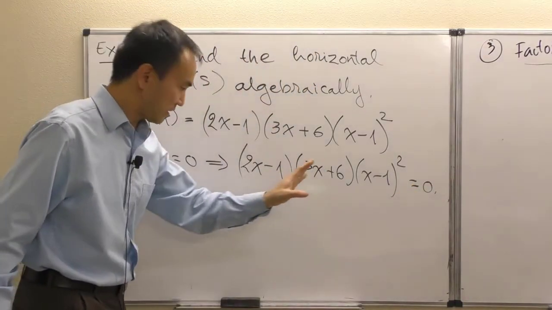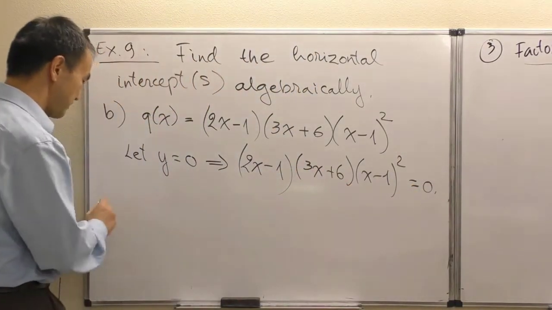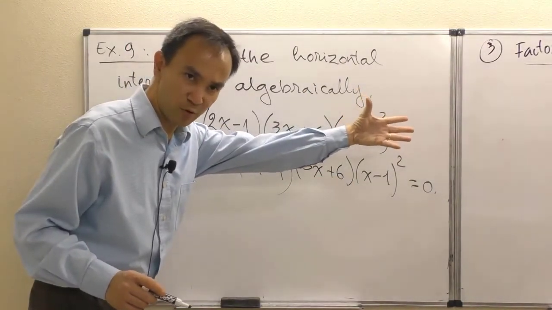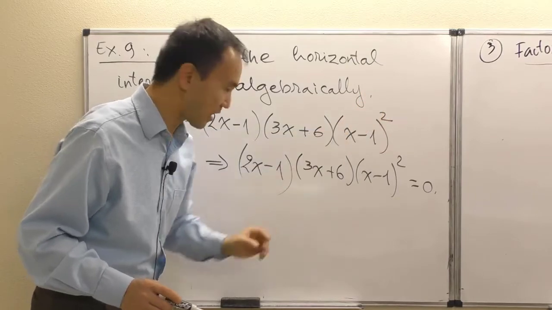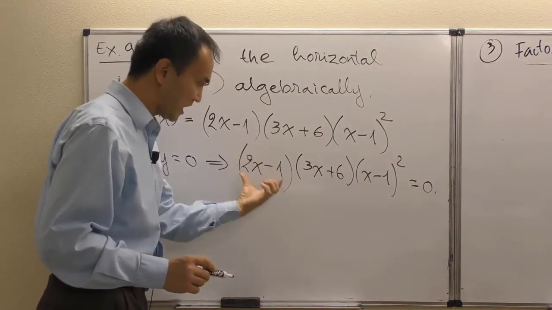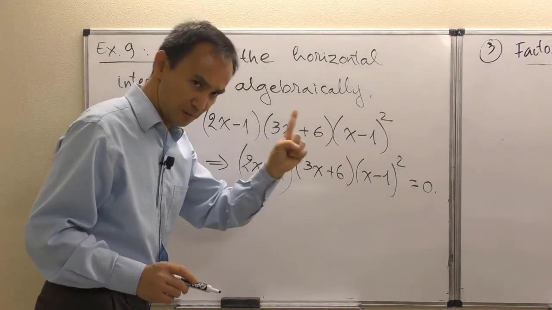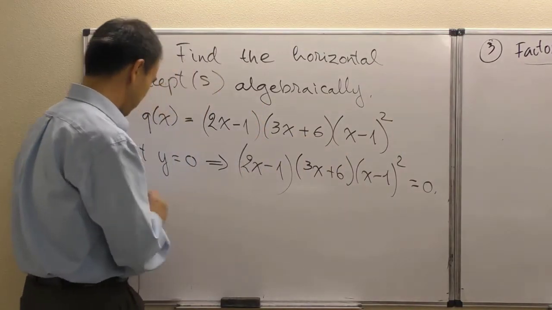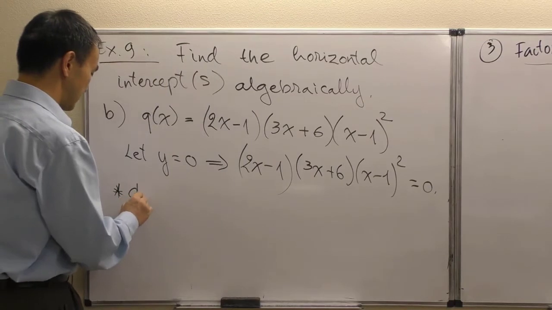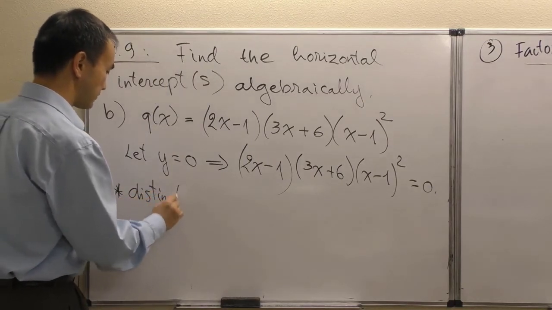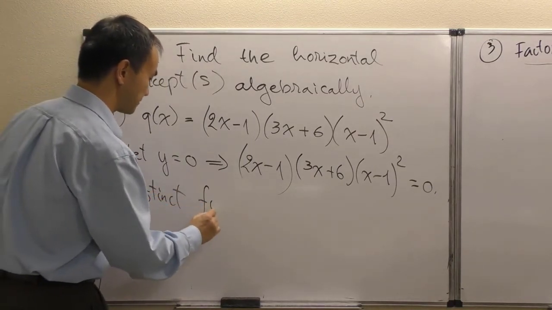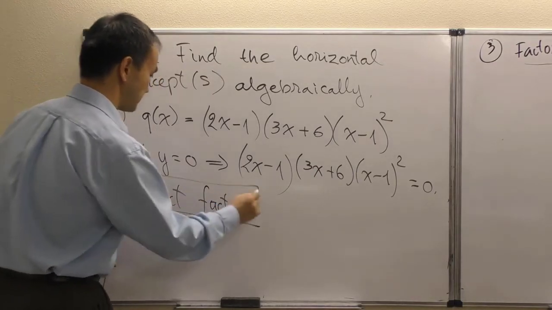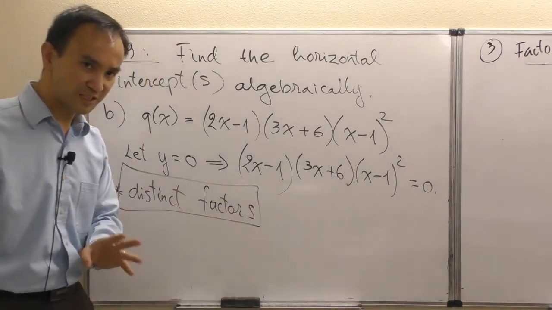At this point, just like the earlier example and just like anything I've done in example 8, I'm going to take each distinct factor. Pay attention: we're only going to focus on the distinct factors.